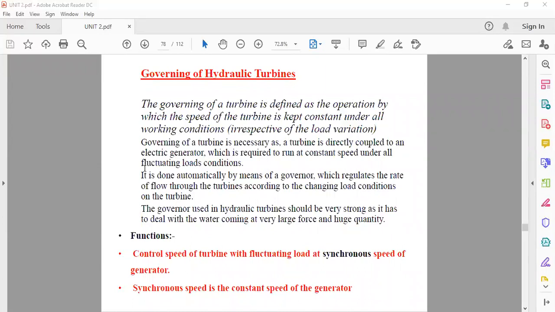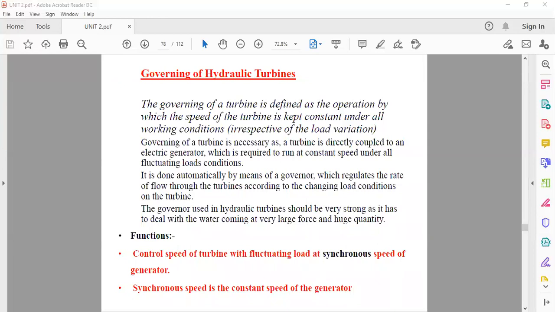So here we have the governing. We are controlling the speed of the turbine. The governing of the turbine is defined as the operation by which the speed of the turbine is kept constant under all working conditions.